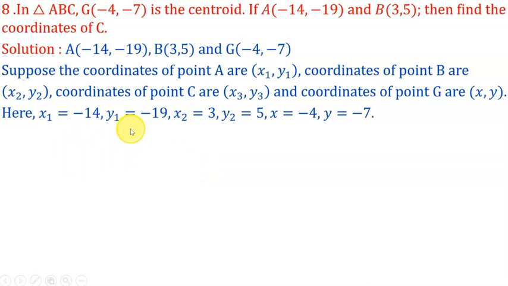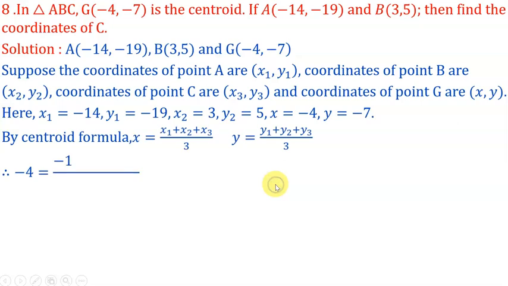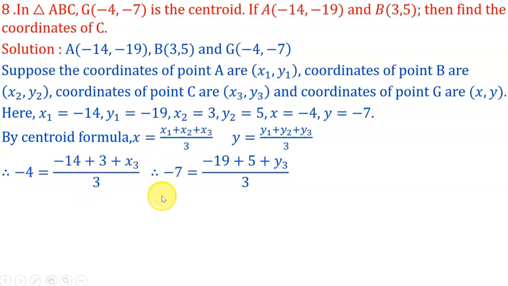x1, y1 denoted, x2, y2 denoted, and then the centroid (-4, -7). By this centroid formula we will apply here. That is, x coordinate: -4 is equal to (x1, x2 values, x3 kept as it is) upon 3. Next, y coordinate: -7 is equal to (y1, y2 values substituted, y3 as it is) upon 3. Simple calculation: -4 into 3 is -12, -14 plus 3 is -11, plus x3.